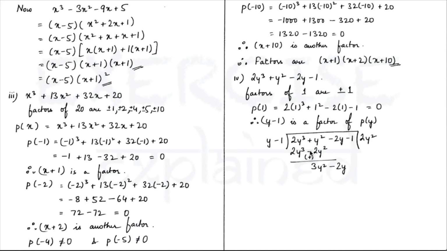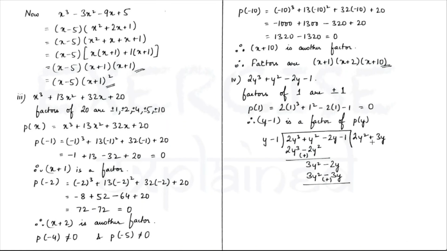This minus is nothing but minus of minus, which is nothing but plus. So 2y square plus y square gives us 3y square. This thing cancels over here, 2y cube cancels. And then we have minus 2y, which comes straight away down. So we have got 3y square minus 2y. Now with y, if we multiply 3y, we get 3y square. So I have taken plus 3y. So it gives us 3y square, and minus 1 into plus 3y gives us minus 3y.